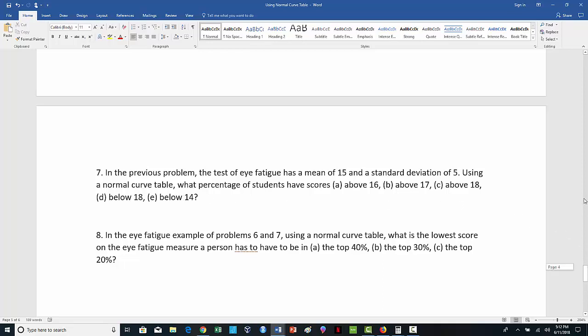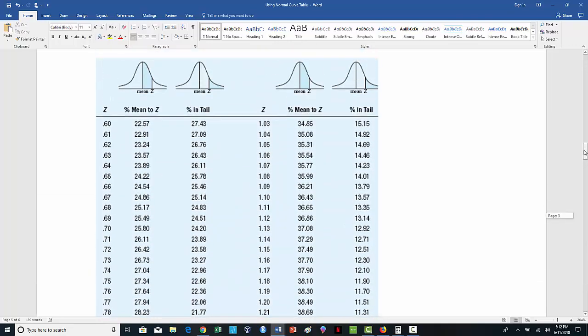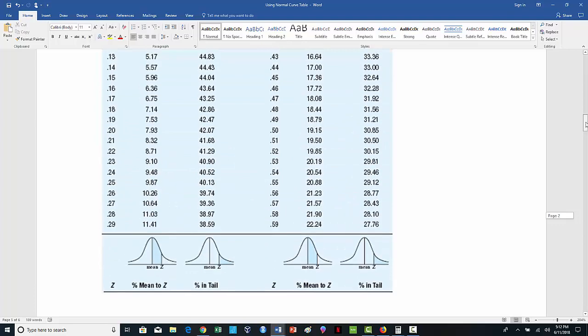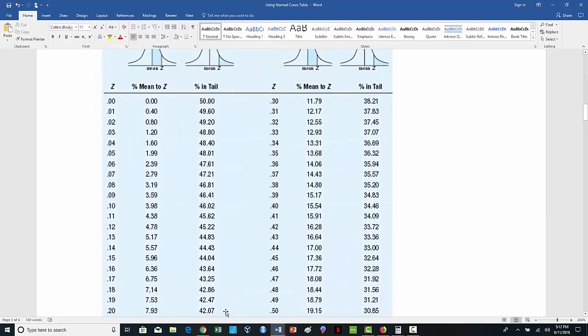So again, if we go back to our table, we find the z-score of 0.2. Again, always draw it out. And it's asking what percent is below a negative 0.2. If you draw it out, the z-score is going to be below the mean.